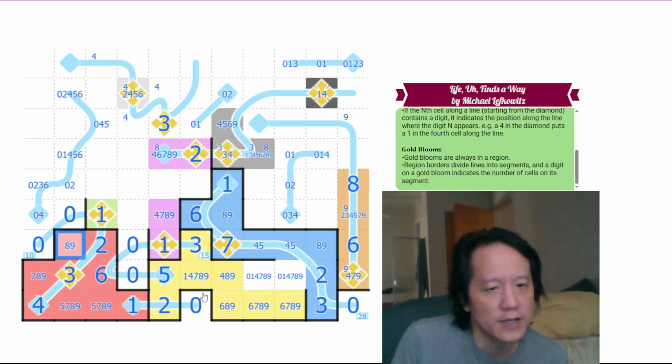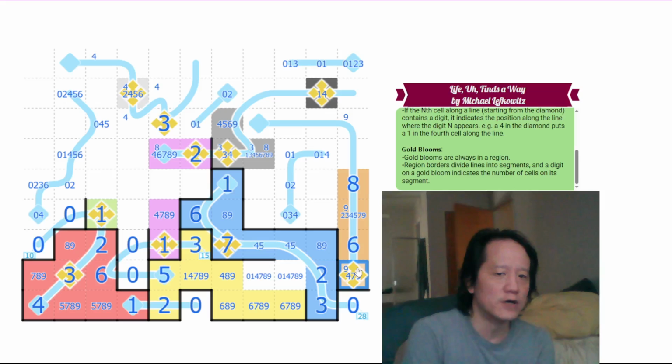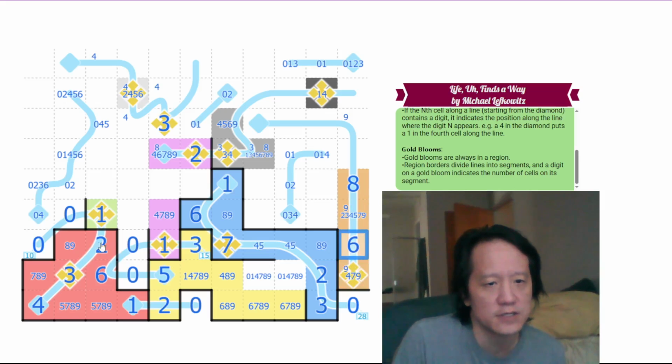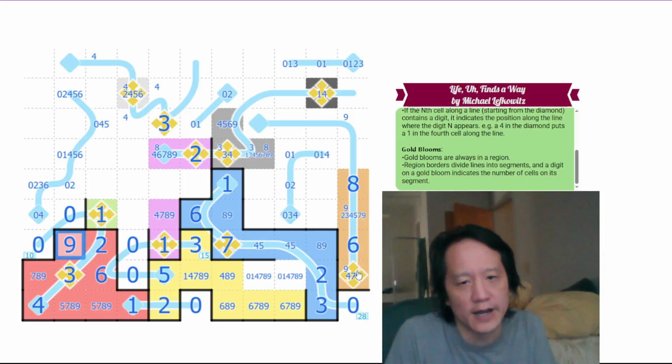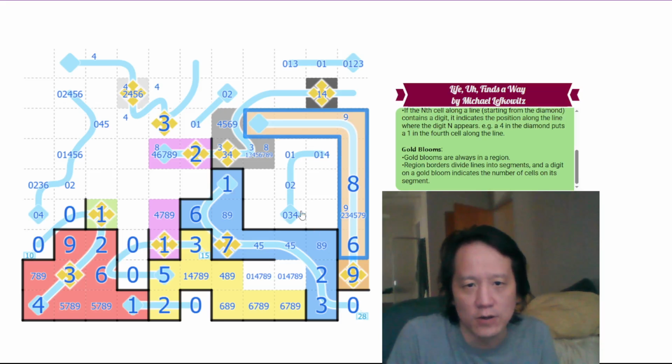This 8 or 9 cannot be in the red part of row 8, cannot be in the yellow part of row 8. It must be in the orange part of row 8. And it cannot be 8 here because this is 6. So this has to be 9, which makes this 9, which means this is the full amount here as a region. So this is done as a region.